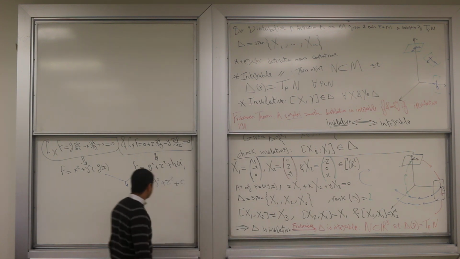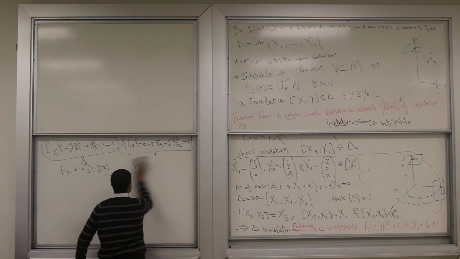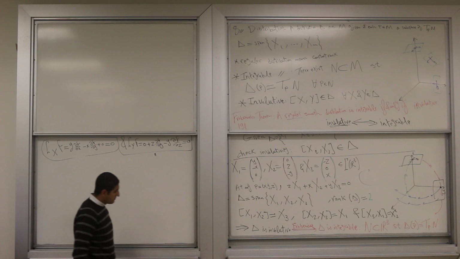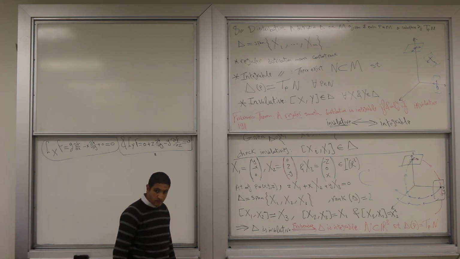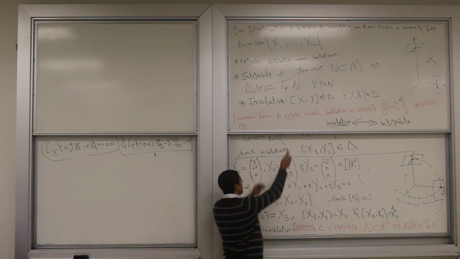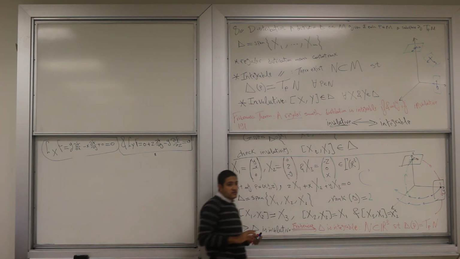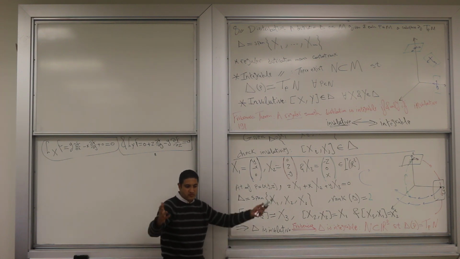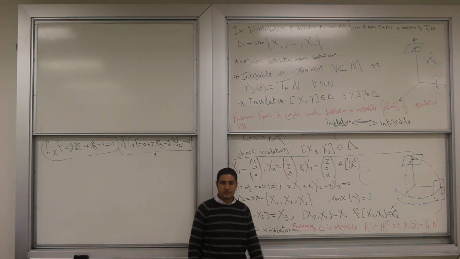Okay, yeah. Because it is a plane, it's defined at any point by 2 vectors. The rank in this case is always 2. Right? Okay. So I'm allowed to apply the theorem, because the theorem requires that your distribution is regular. If it's not regular, I will not be able to apply the theorem. But all the problems that we're going to have in this course are for regular distributions.